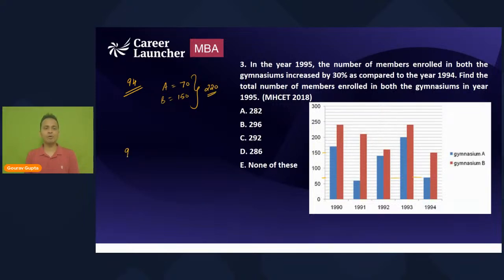Now from 1994 to 1995, there is an increase by 30%. 30% of 220 is equal to 66. So the correct answer should be 220 plus 66, that is 286. Those who have given this answer, option D, 286, all of you are absolutely correct. This one was pretty simple.